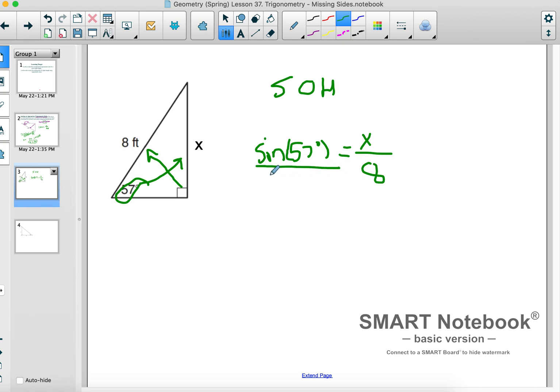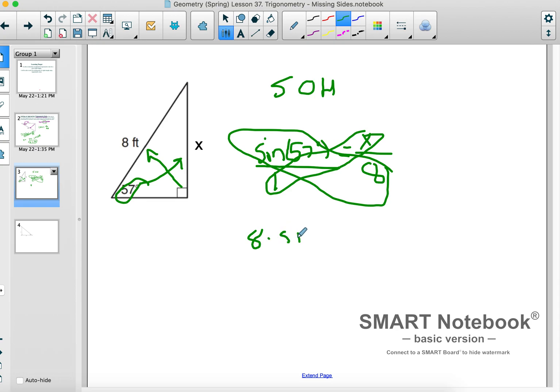I'm going to put this over 1 and cross multiply again. You'll head into your calculator and do 8 times the sine of 57, which is equal to x, and you'll get your answer for x.